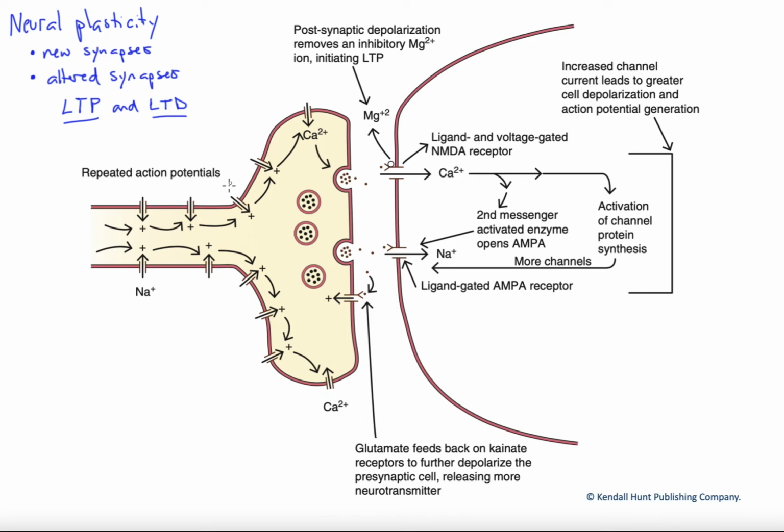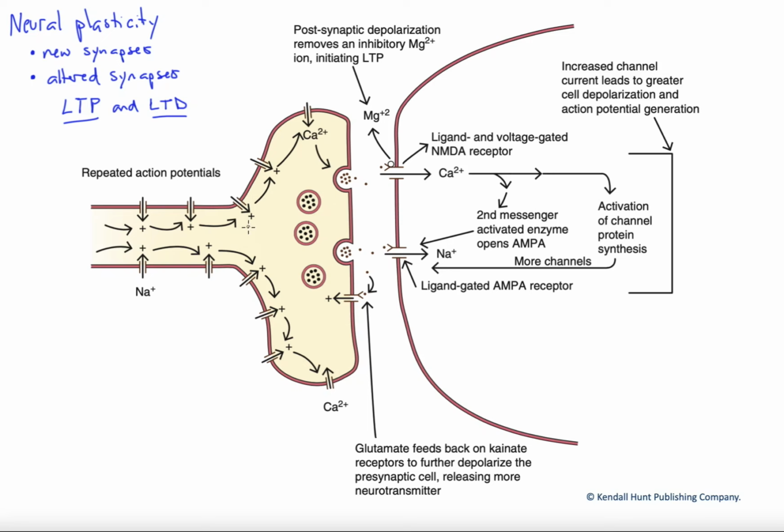Now, in long-term potentiation, and this is thought to be a mediating mechanism for storing memories and learning over time, generating these more complex cognitive functions, activity at particular synapses results in greater connectivity.